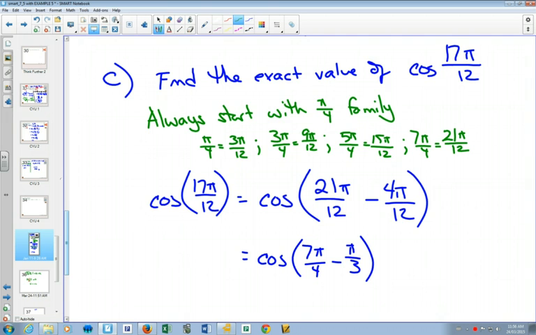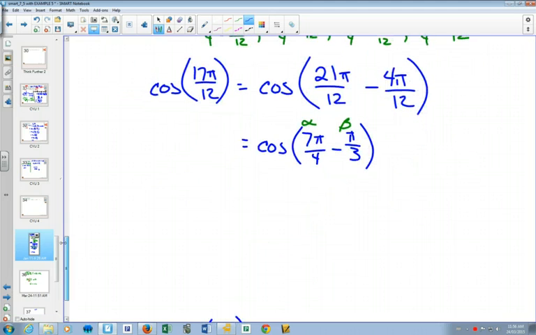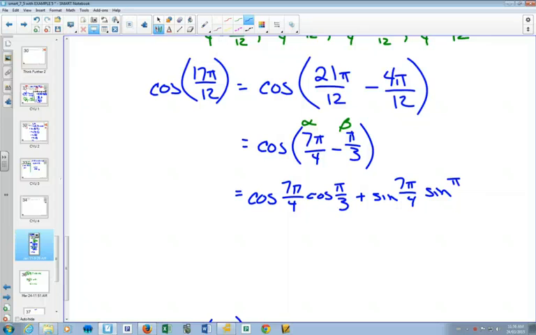So now this is my alpha and this is my beta. And I'll get cos 7 pi over 4 cos pi over 3 plus sine 7 pi over 4 sine pi over 3 using my formula.